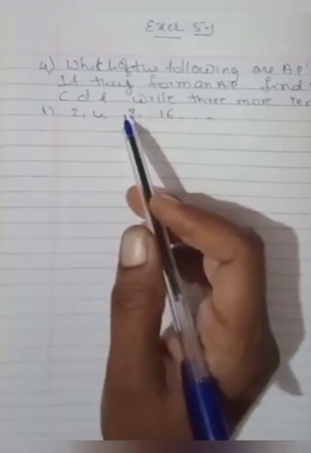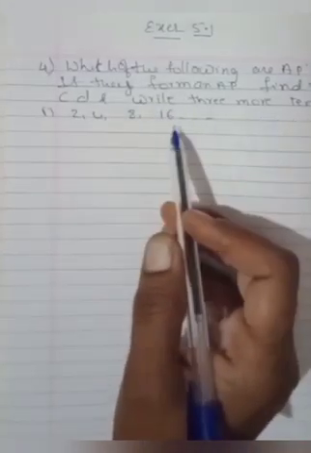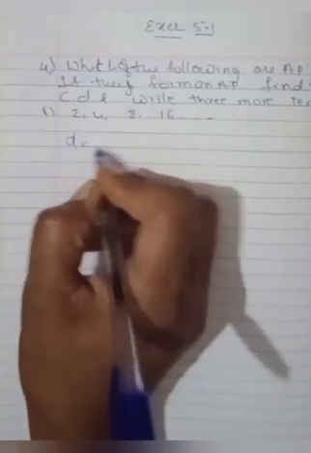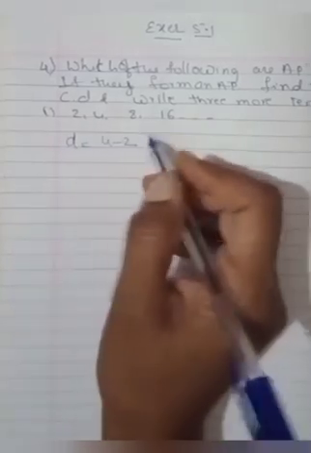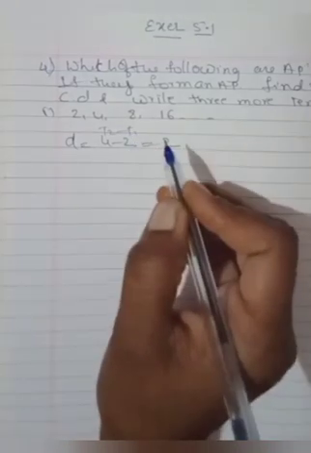Whether the following series are AP or not, and if it forms AP, you have to find the common difference and next 3 more terms of this one. Okay. So first of all, what we will do, first we will see the difference. 4 minus 2, if it is same, then it forms an AP. 4 minus 2, it is the second term minus the first term. We are going to do, it is 2.